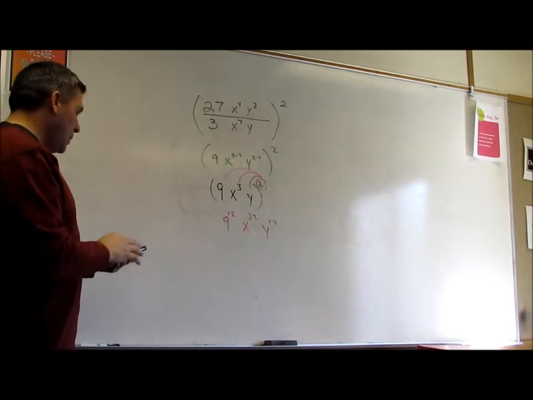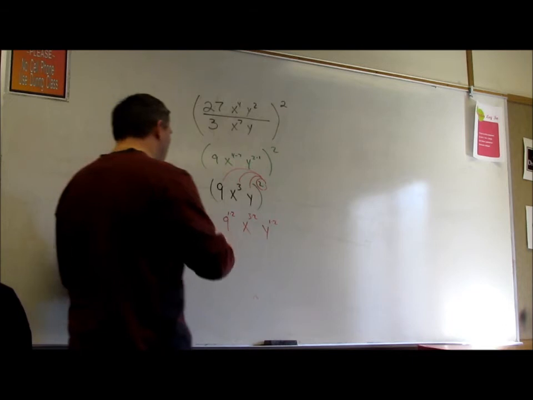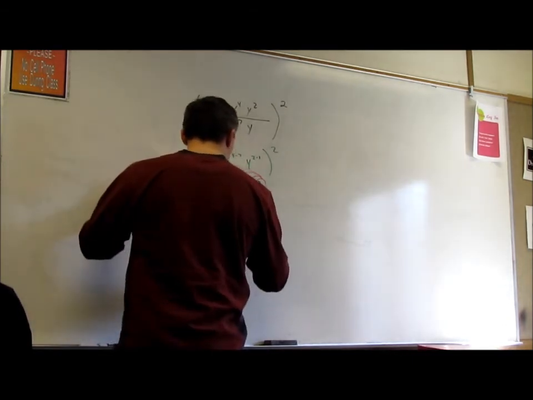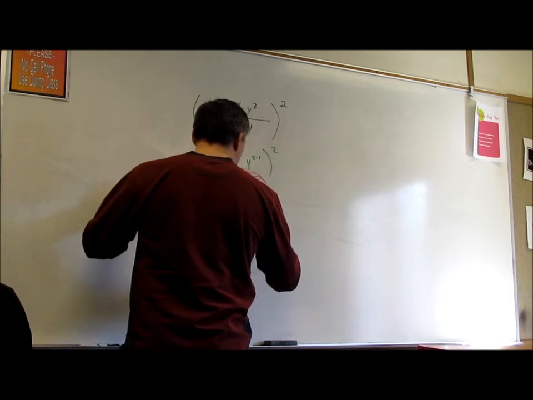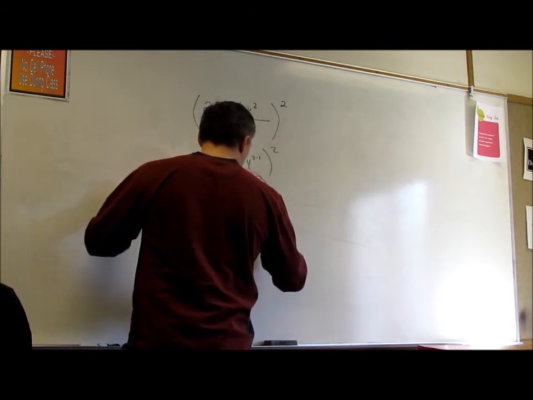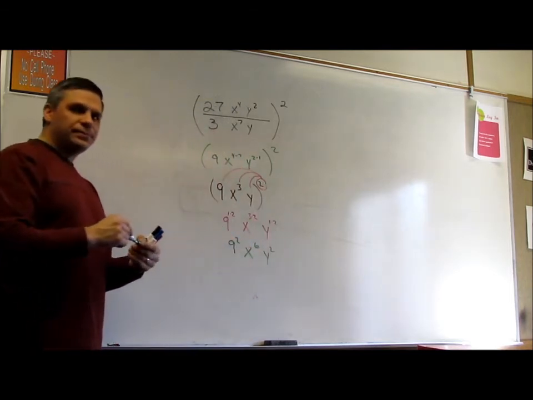So then what I end up with is 9 squared, x to the 6th, y to the 2nd.